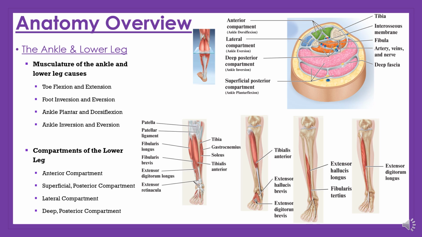The muscles within the lateral compartment are going to produce ankle eversion, and the muscles within the final compartment, which is the deep posterior compartment, are going to cause inversion of the ankle. So it's important to understand this about the lower leg, because there is a very specific injury called compartment syndrome, which we will discuss in a little while here. But that is created because of these compartments in the lower leg.